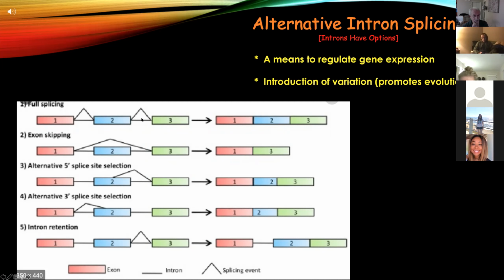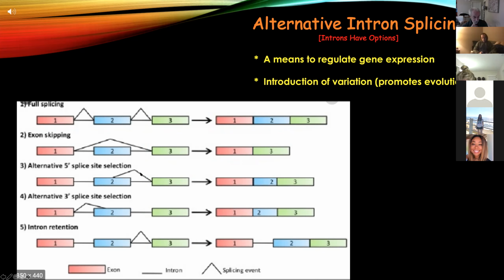If both of the introns are spliced out, then you have exons 1, 2, and 3 joined together. Or you can skip one exon, in which case it's eliminated and only exons 1 and 3 are joined.